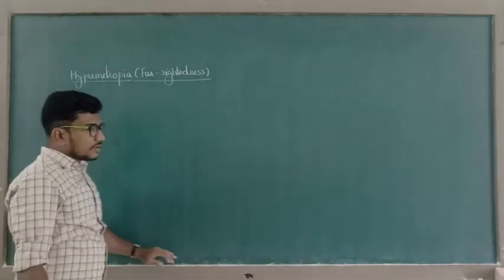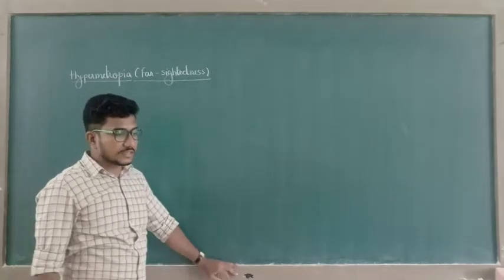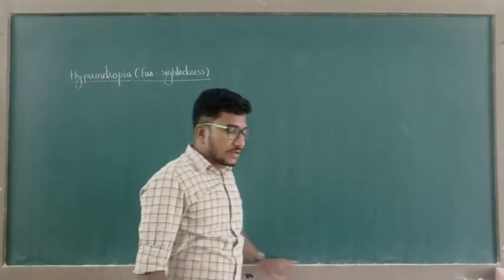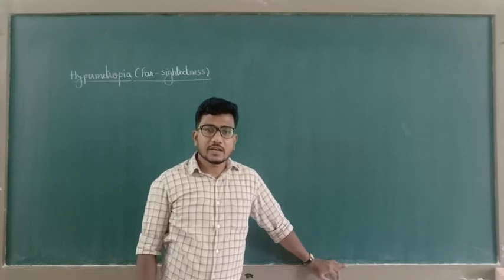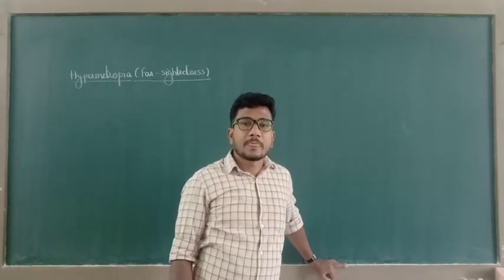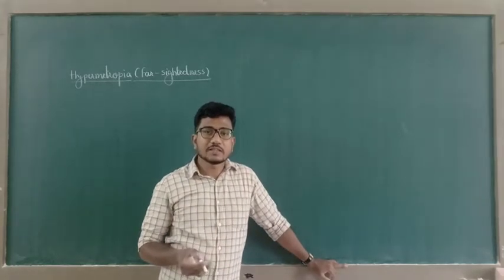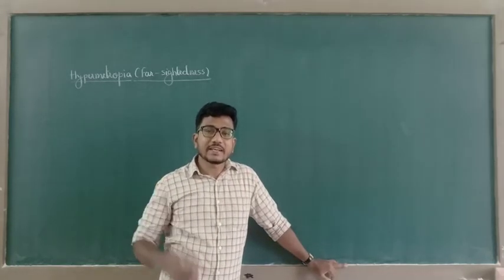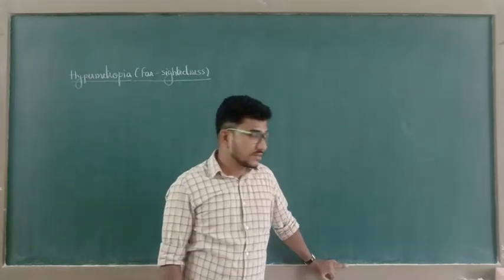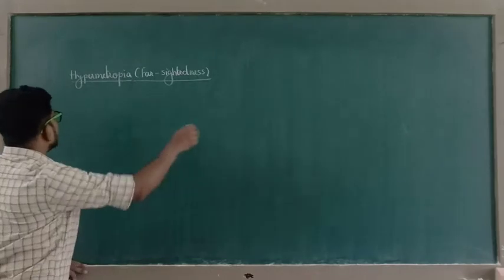In case of myopic eye, the coinciding point due to refracted light rays lies in front of the retina. But in case of hypermetropic eye, that point lies behind the retina. So let us see the hypermetropic eye diagrammatically.